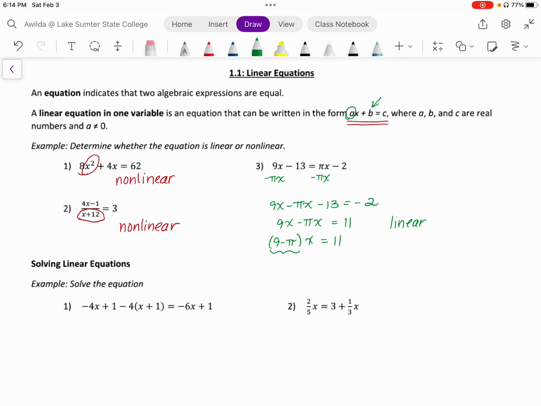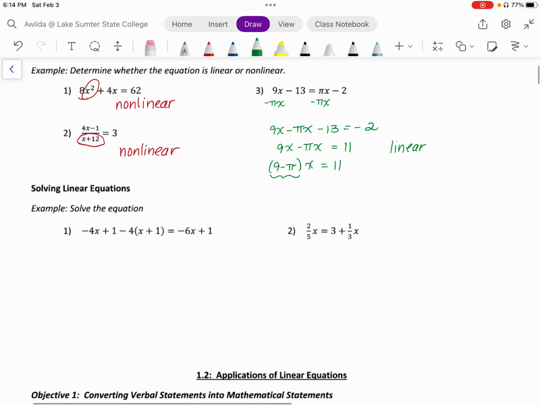Now let's talk about how to solve linear equations. We have two examples here for us to work through together. The first is that negative 4 times x plus 1 minus 4 times the quantity x plus 1 is equal to negative 6x plus 1. Our goal is to isolate the x variable, get it all by itself on one side of the equation.